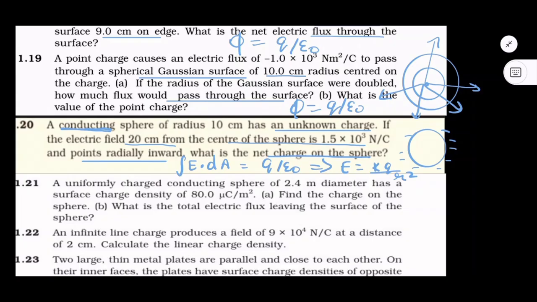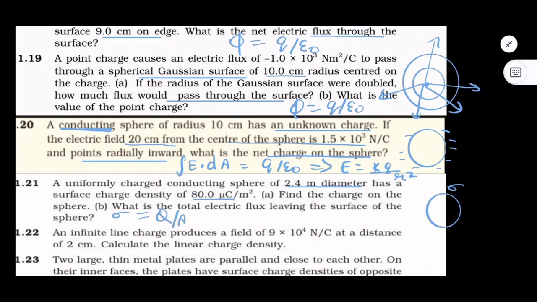Now we have a uniformly charged conducting sphere of 2.4 meter diameter that has a surface charge density of this. So again we have a conducting sphere and it has some surface charge density. Find the charge on the sphere. Now how can we calculate charge from the surface charge density? We know the formula of surface charge density, sigma equals charge per unit area.